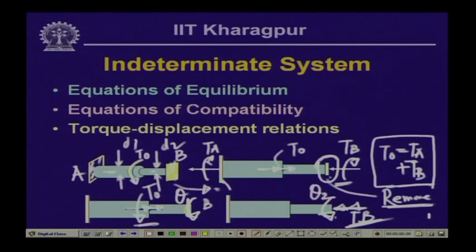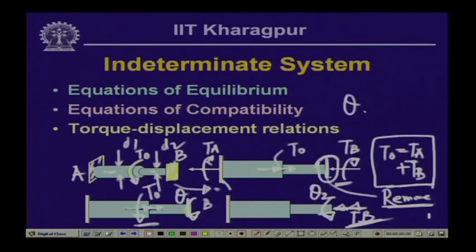Now, this particular support B is fixed in position. So, it is expected that there will not be any rotation. So, the net rotation at support B is equal to 0. So, the theta 1 which we get corresponding to the twisting moment T 0 and theta 2 which we get corresponding to the resistive twisting moment T B should add up to 0.